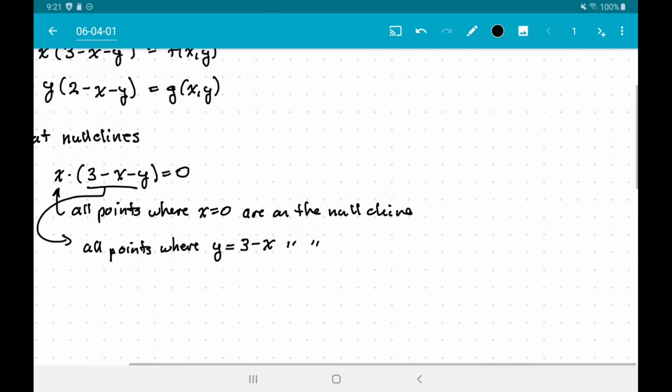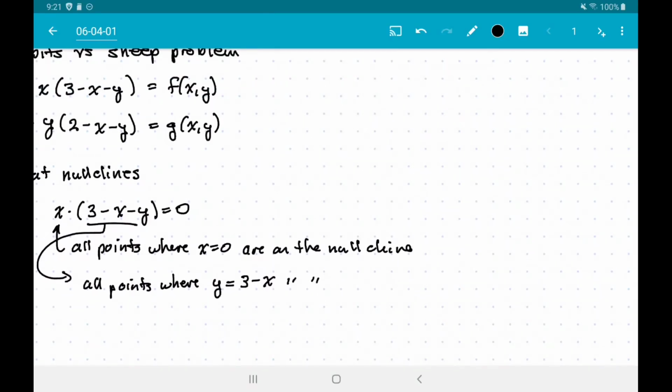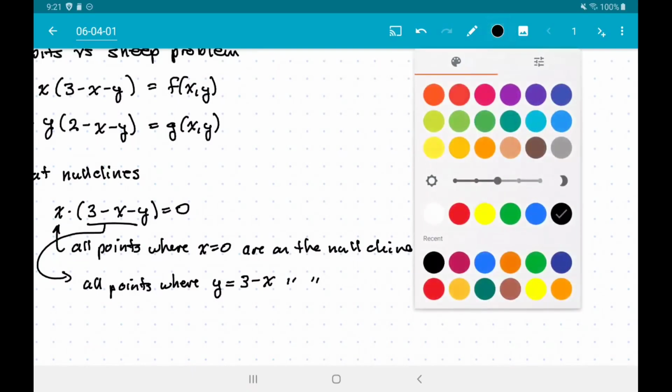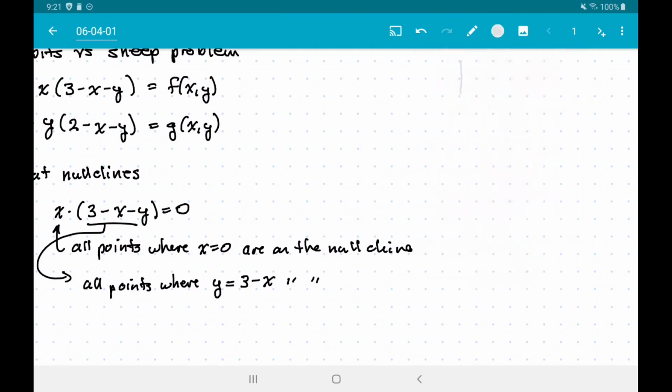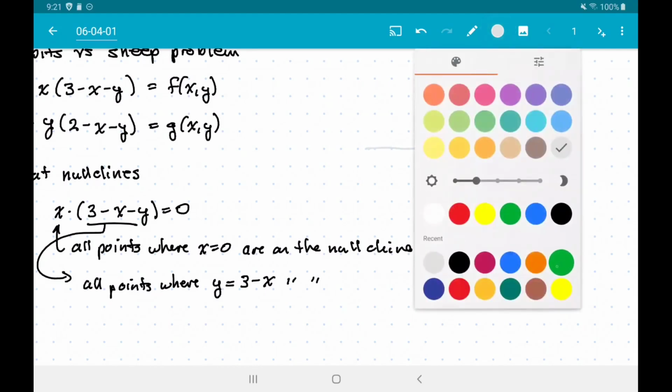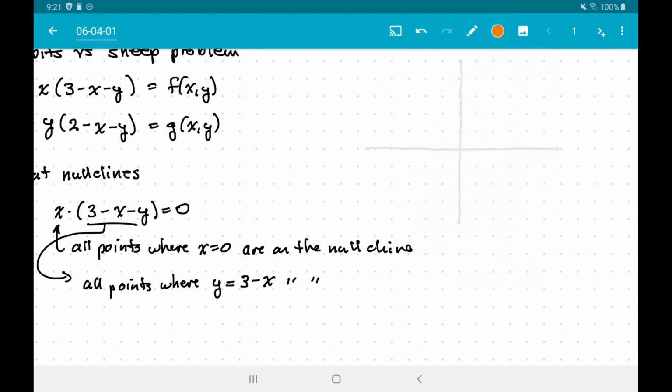Let me see here, where can I put this? Actually, let me draw the axes in light gray, and I will use orange to draw these. Now, the points where x equals 0, that's the vertical axis.